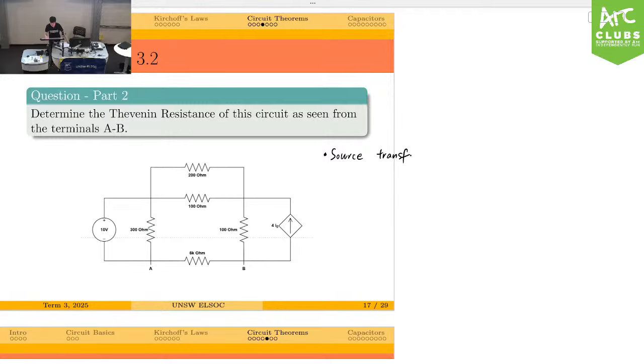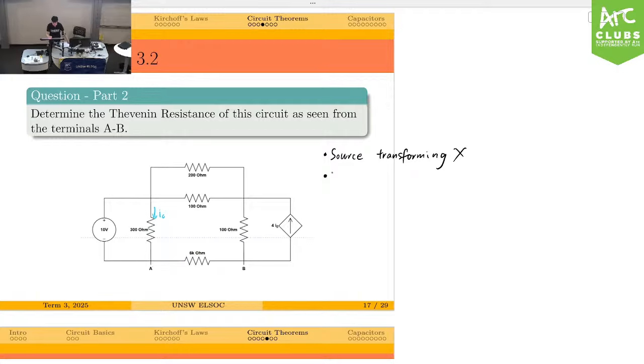But unfortunately, in this case it's not going to work. Let me label I0 here. If we try source transformation, we lose information about I0, so unfortunately it's not going to work.